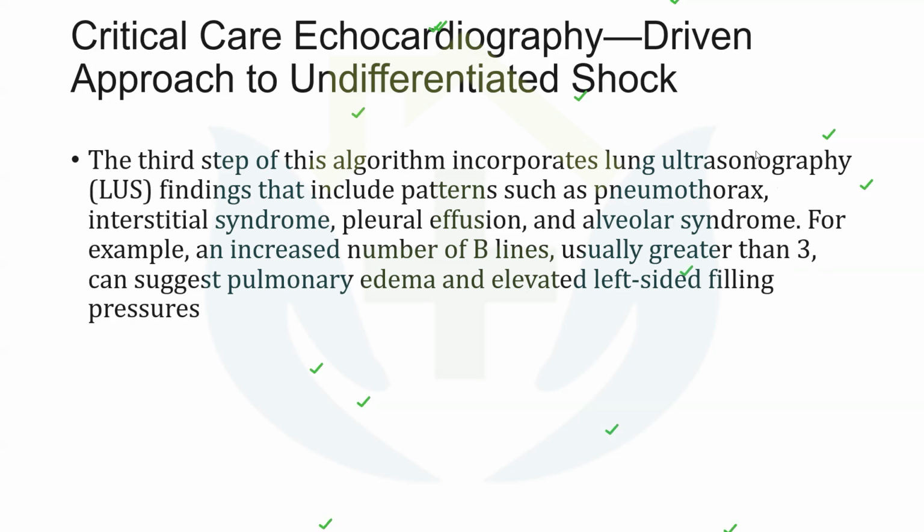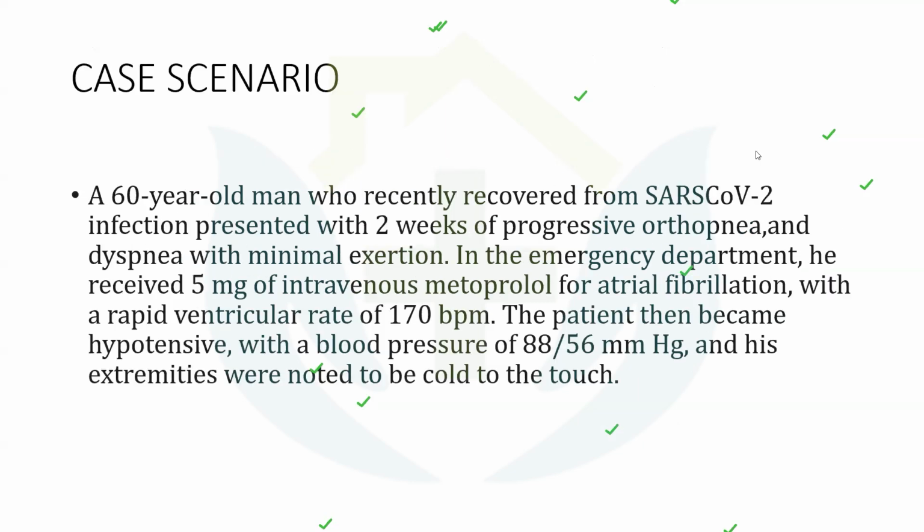To better understand, I have introduced a case scenario. A 60 year old man who recently recovered from COVID infection presented with 2 weeks of progressive orthopnea and dyspnea with minimal exertion.